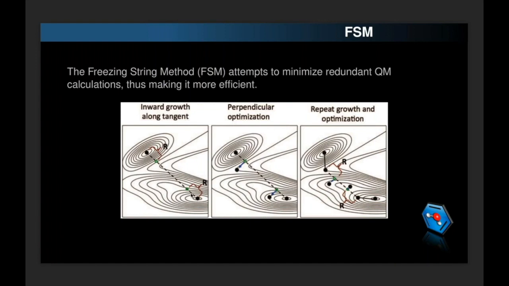This is our string, and then we take a step along that string, which is determined by the number of nodes, which was one of the options you saw in the freezing string setup. Then we do an optimization perpendicular to the direction of that path connecting the reactants and the products.